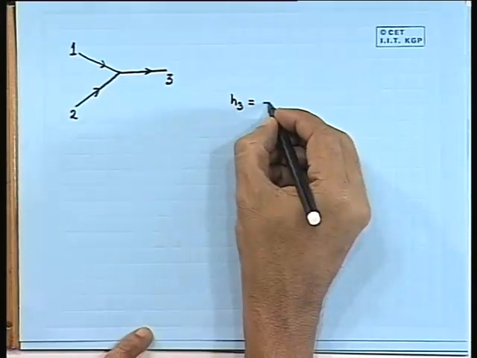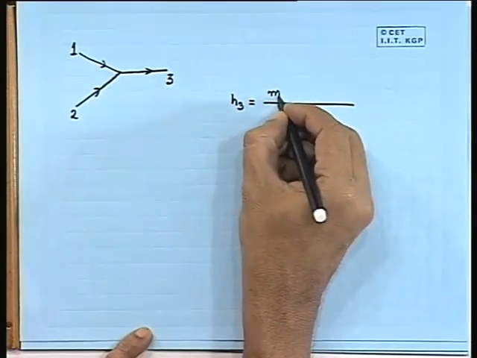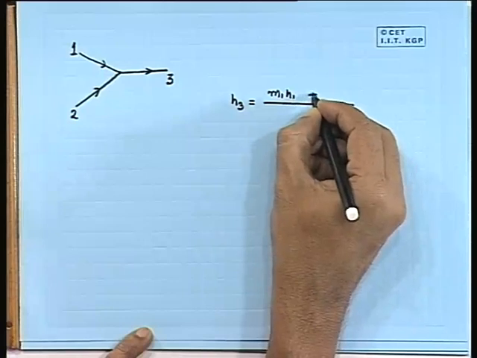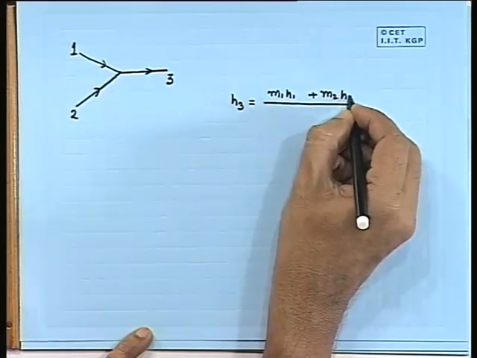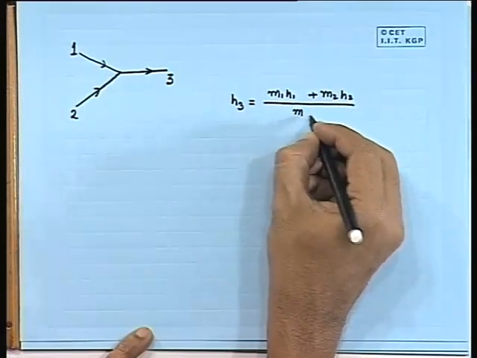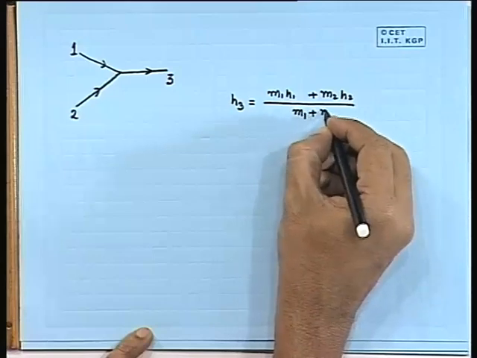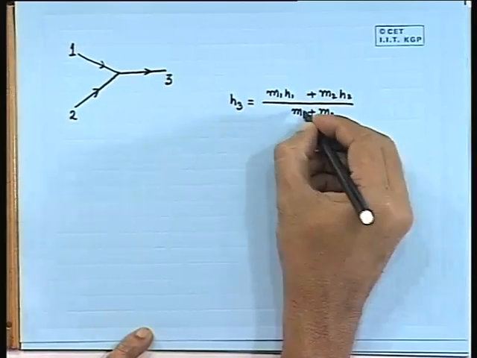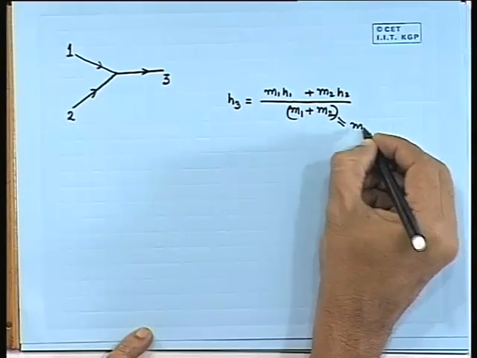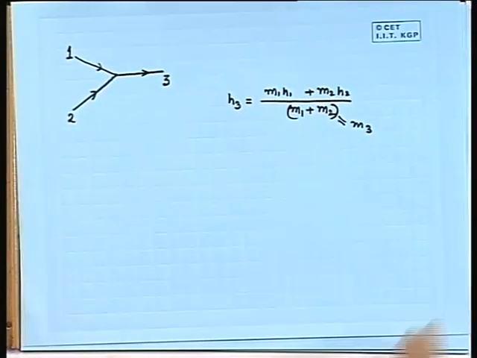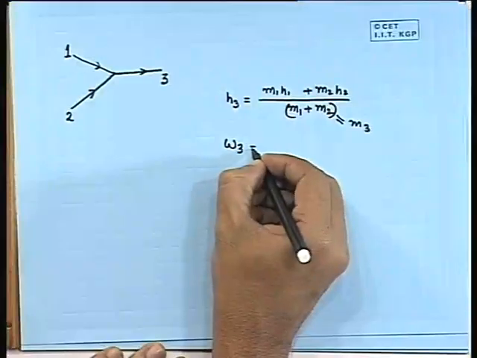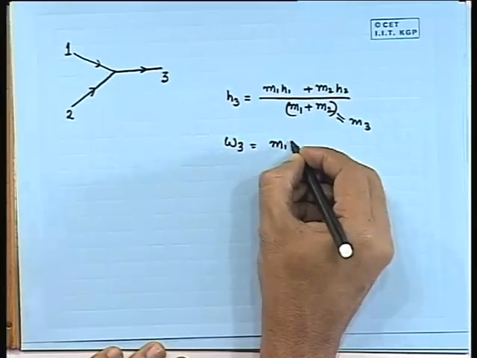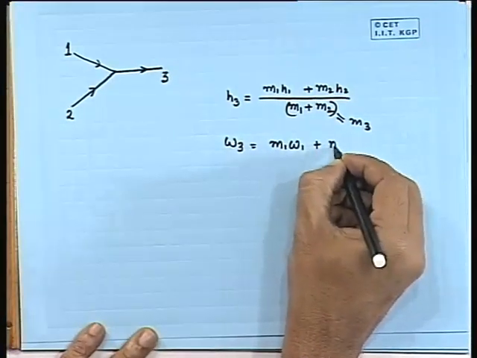So, H3 will be M1 H1 plus M2 H2 divided by M1 plus M2. M1 plus M2 is nothing but M3, all right.